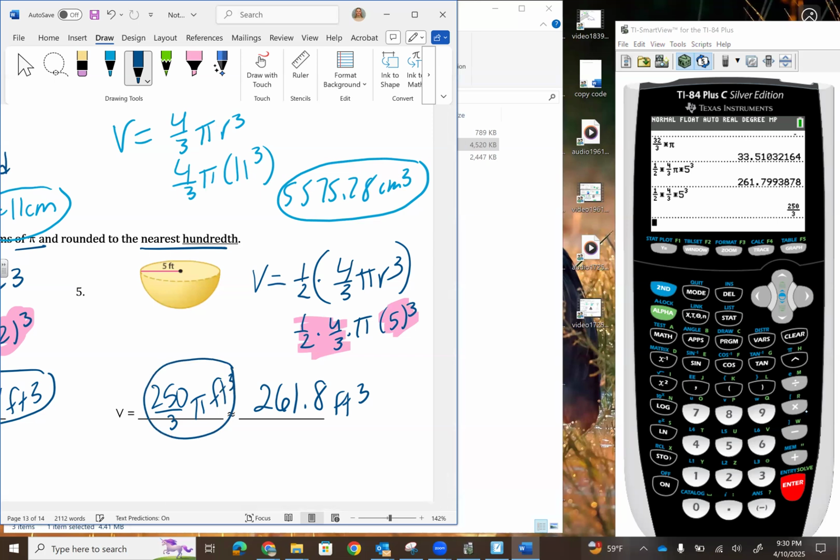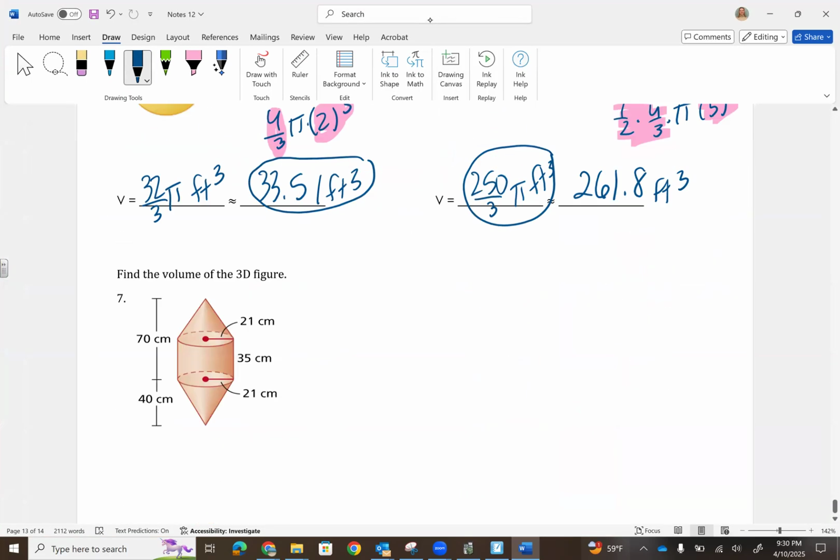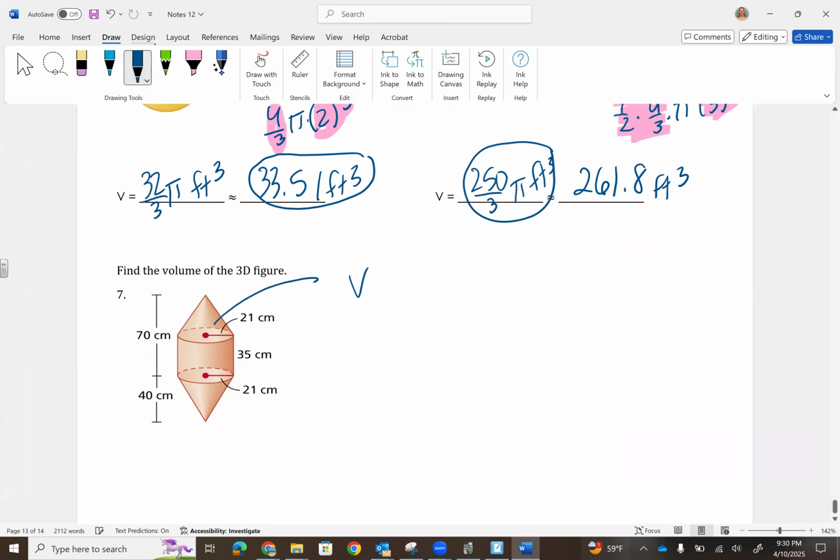Okay, we've got one last question. It says, give me the overall volume. This is called composite, when you're trying to find the volume of a figure where you add or subtract multiple pieces to or from each other. So if we find the volume of the top, it's equal to 1/3 area of the base times the height.